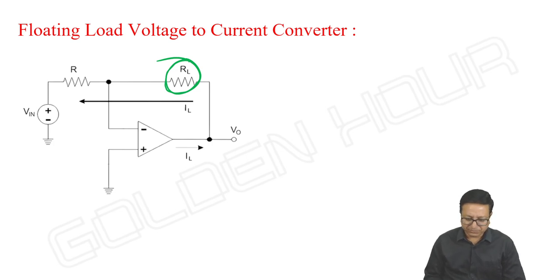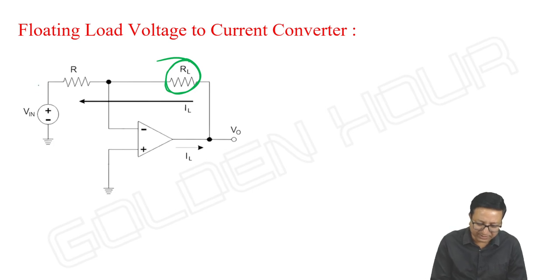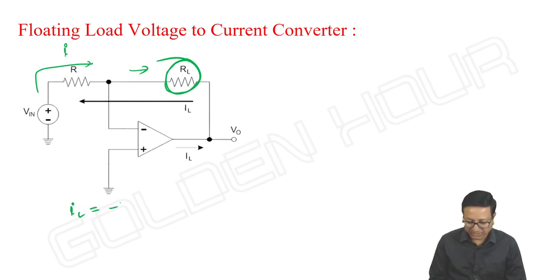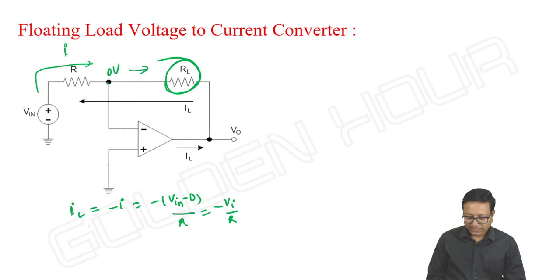How do we find the current through this? If I assume some current I, then the entire I has to go like this only, so IL is equal to minus I, where I is (Vi minus 0) by R. Is it dependent on the value of the load resistor?